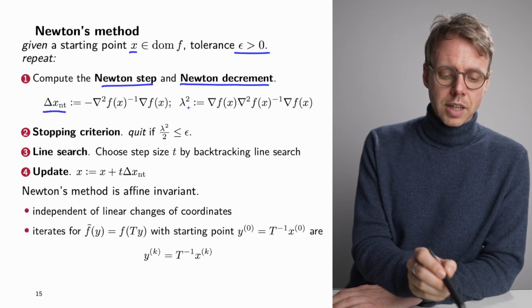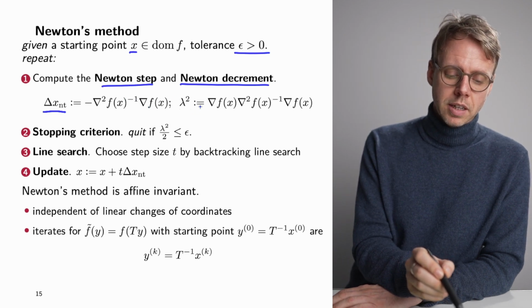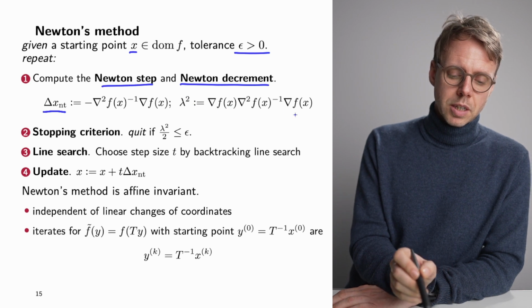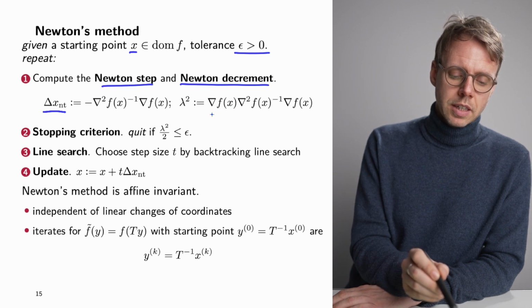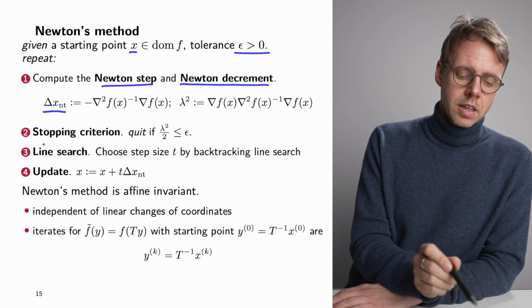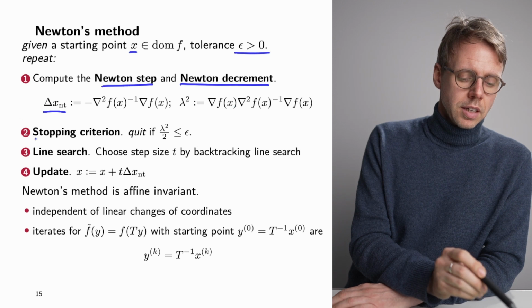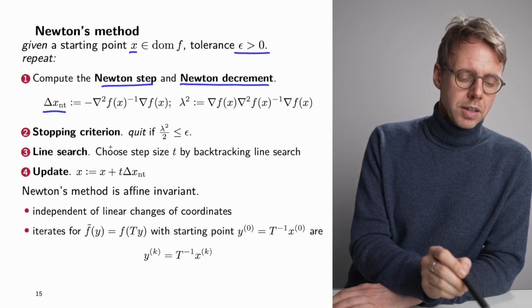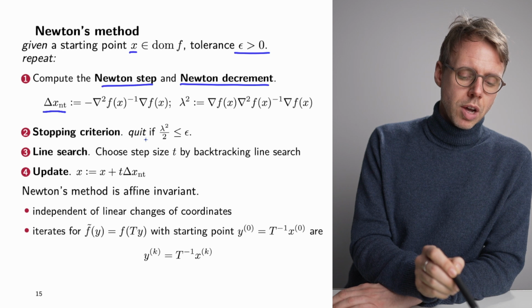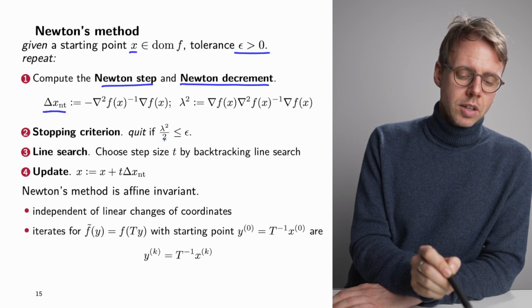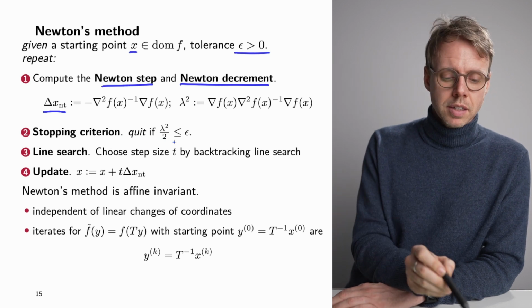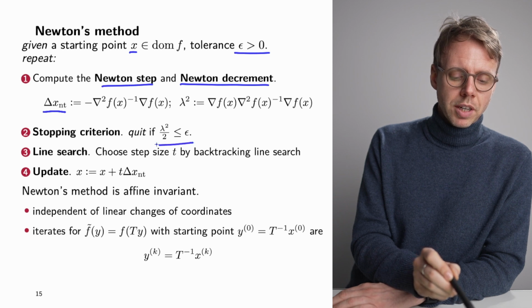And our Newton decrement lambda squared equals the squared form of the gradient, the inverse Hessian times the gradient. We have our stopping criterion. We would stop if the Newton decrement is small enough.